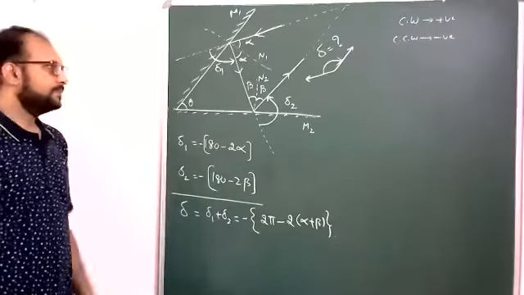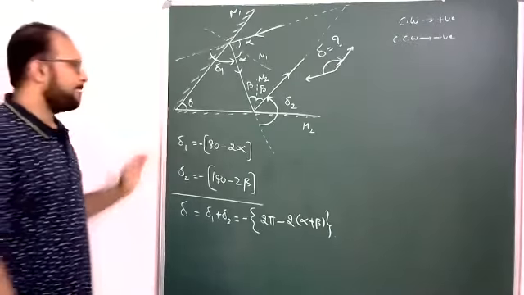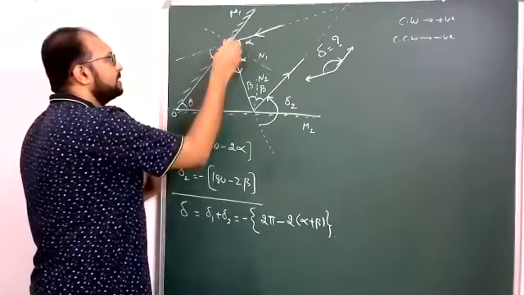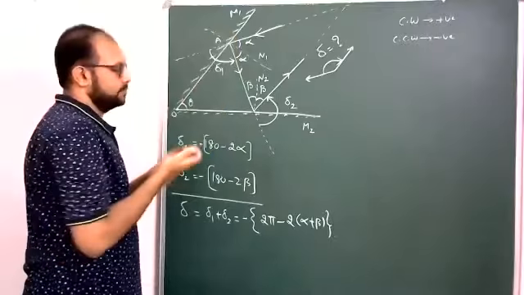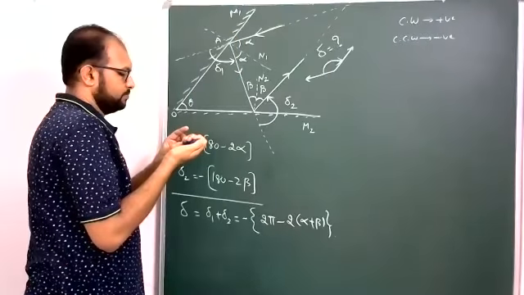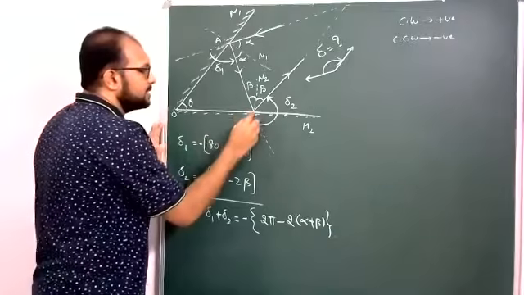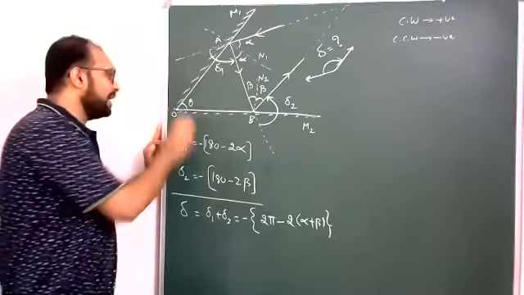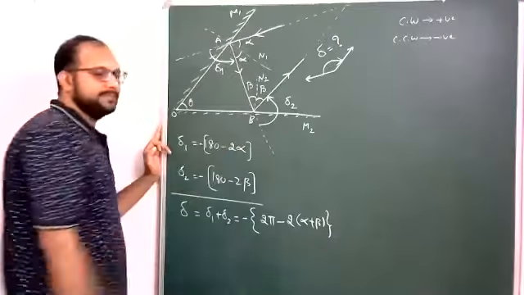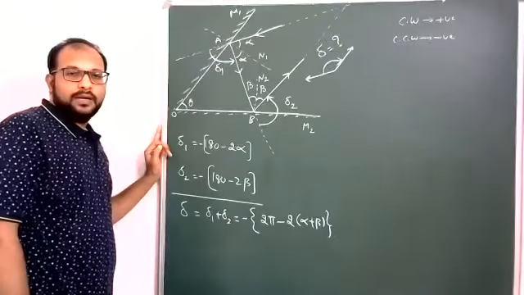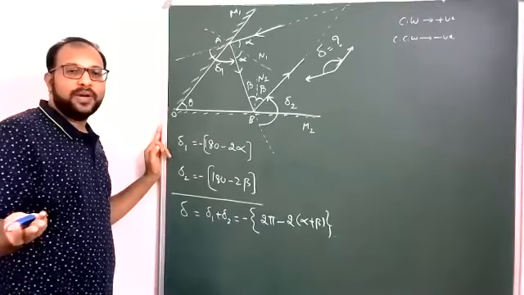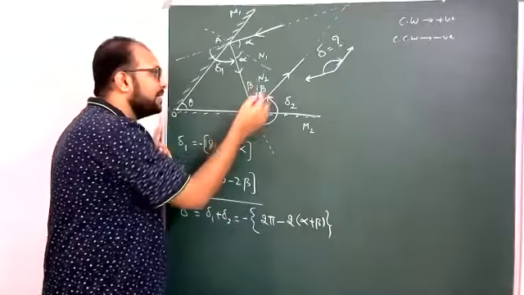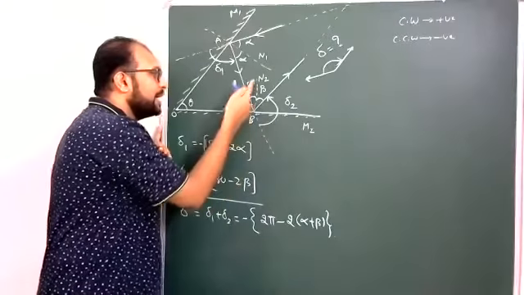Okay, now come to the triangle principle. Here, this is O, this is A, this is B, I am taking. In triangle OAB, the sum of all angles is 180 degrees. Now here this is the normal N2 to M2.